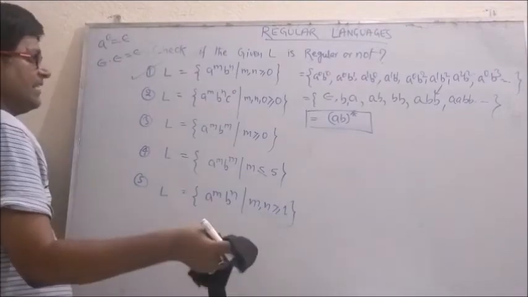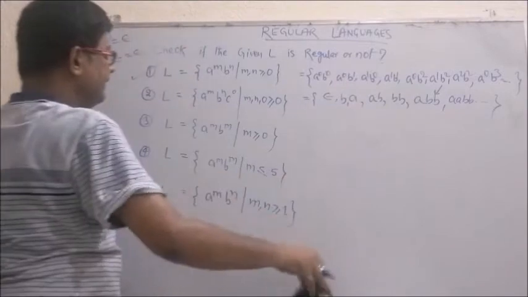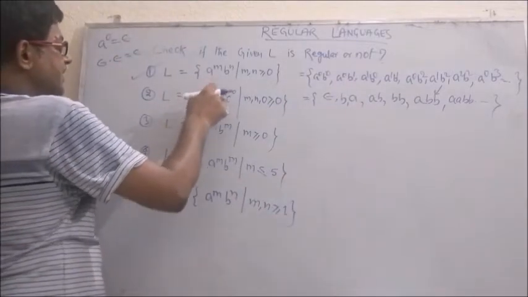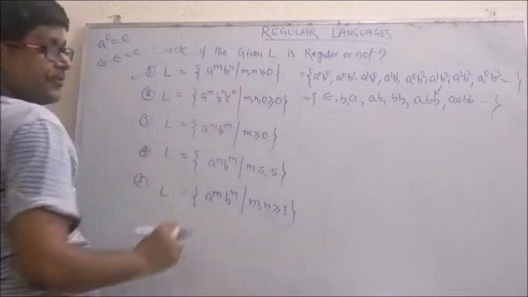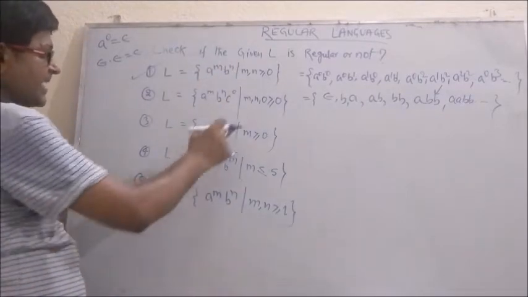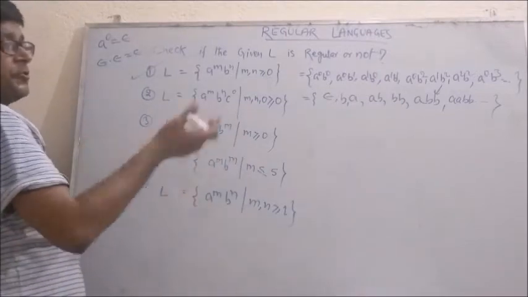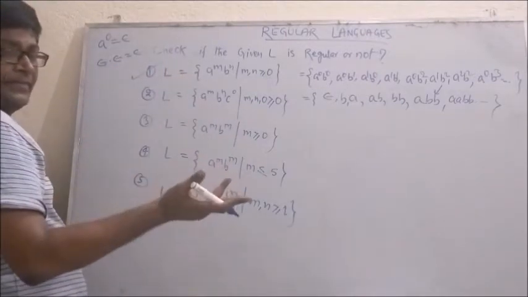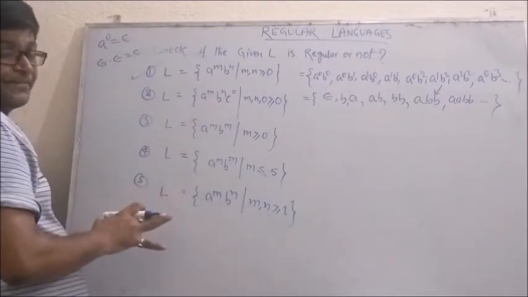Come to the second one. What does the second one signify? The second one says that I have A raised to M, B raised to N and C raised to O, where I don't have any restriction on anything. It starts from 0, meaning the 0th instance of A, B, C, and it goes up to infinity. That means this language is again an infinite language.